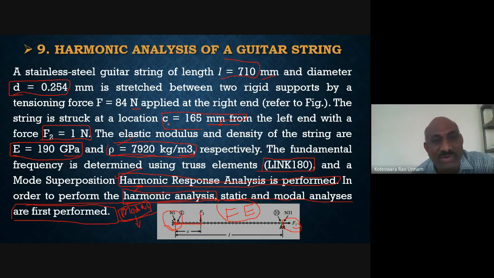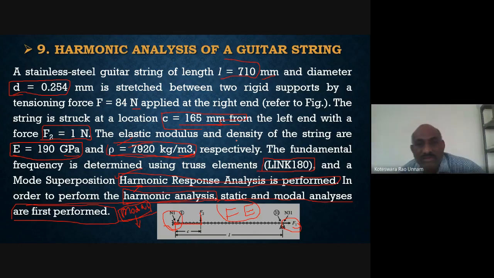Right? That is the important point we need to remember. Of course, for this, we'll stick to this density as 7920 kg per meter cube. So I'll use only the length dimension, the area and this C distance in terms of meters. We need to convert these three into meters. Okay? Right.